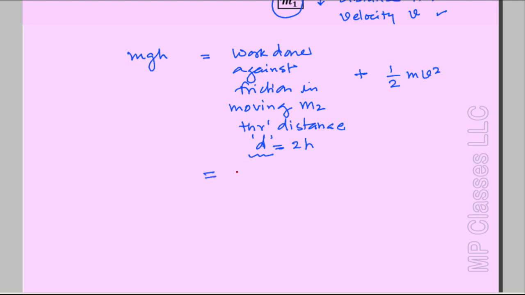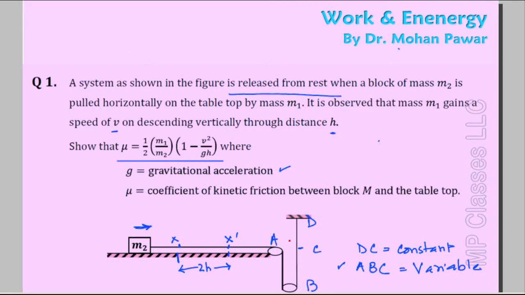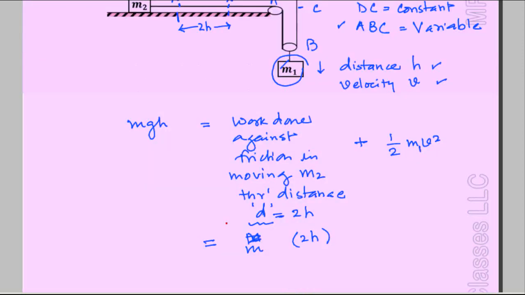Now all we need to do is find the work done, which is force times distance. Now distance is already known, which is 2h. What is the force? Force of friction, from the normal reaction to the mass. I should mention that this mass is given as M2 and this is M1.